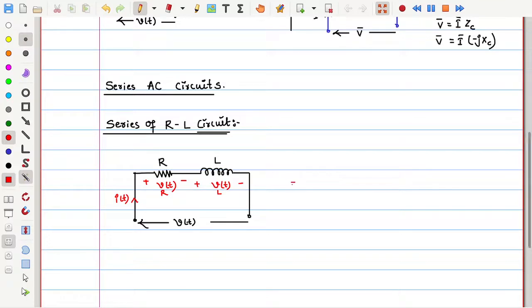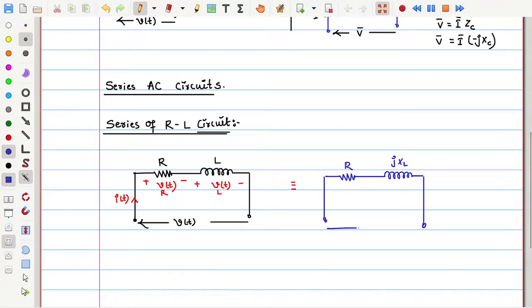Now its equivalent in the frequency domain we can show like this. We have a resistance of R in combination with an inductance of L, but in the frequency domain I represent this simply as jXL.